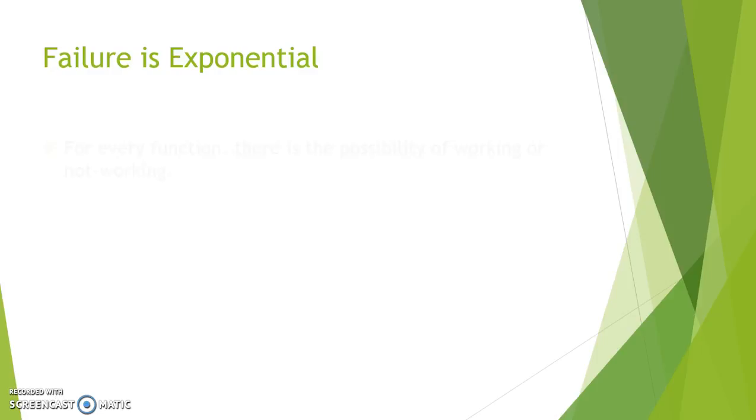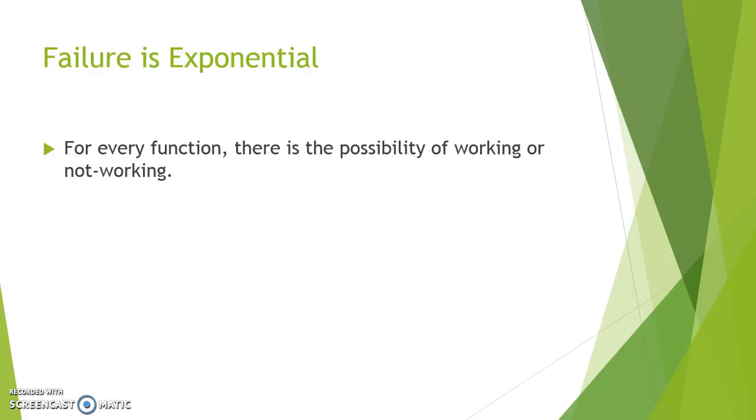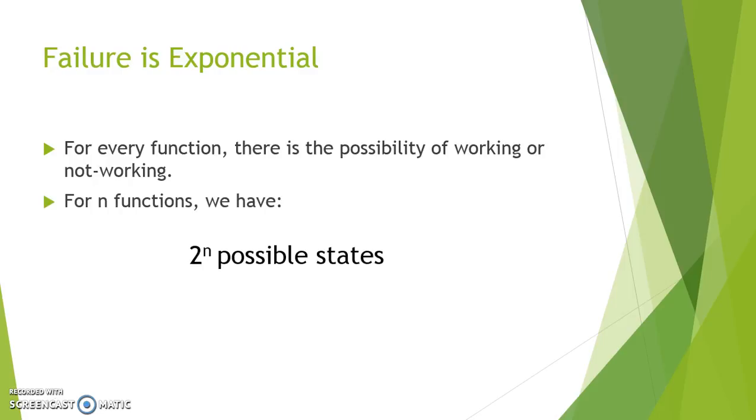Failure is exponential. For every function in our invention, each one of them has the possibility of working or not working. And for n functions, we can recall from our binary number ideas that we have 2 to the exponent of n possible states.